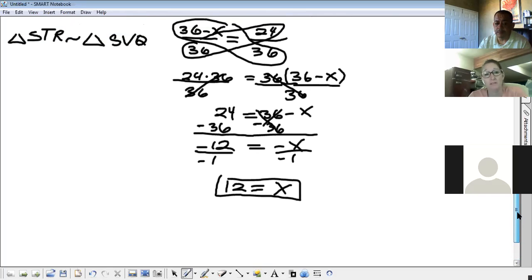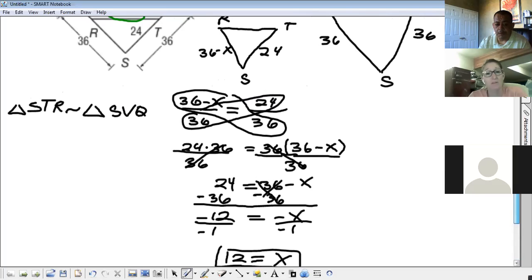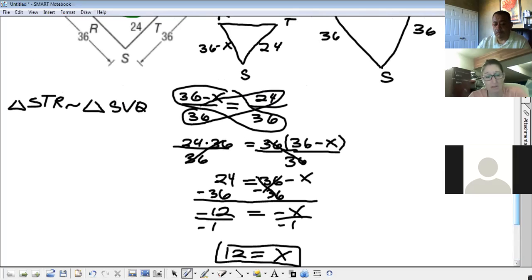Ladies and gentlemen, I don't know if any of you noticed, but 36 and 36 are the same. So that means it's an isosceles triangle. How Mr. Rivas showed it was perfect because you need to see the math.